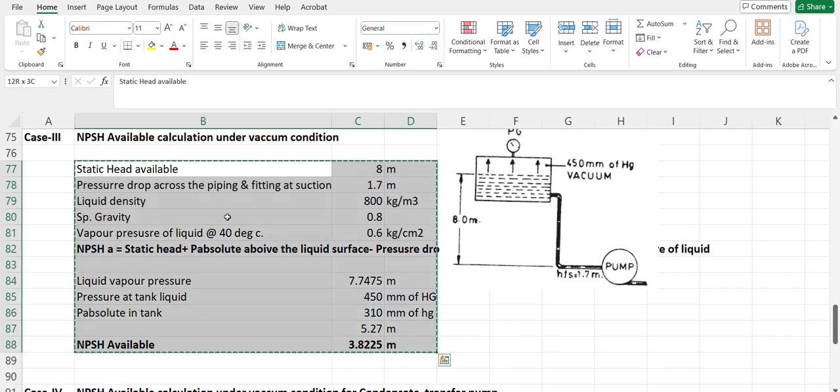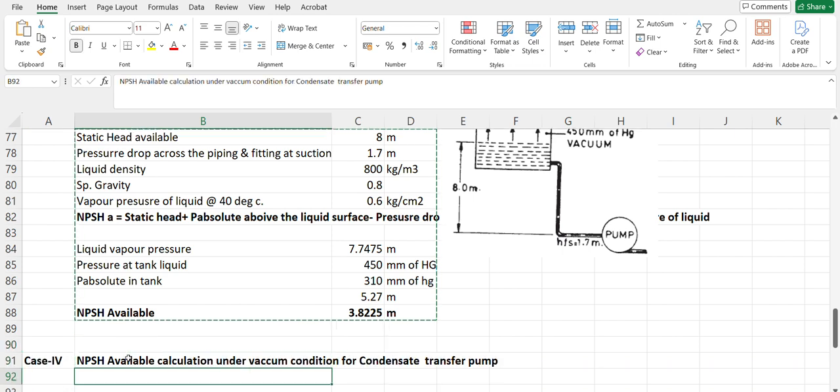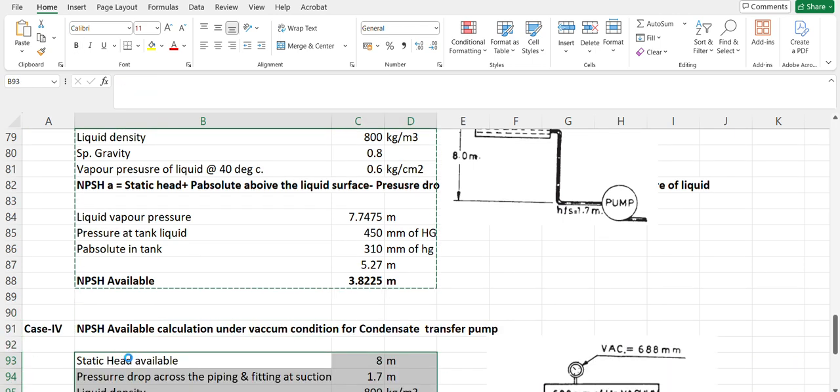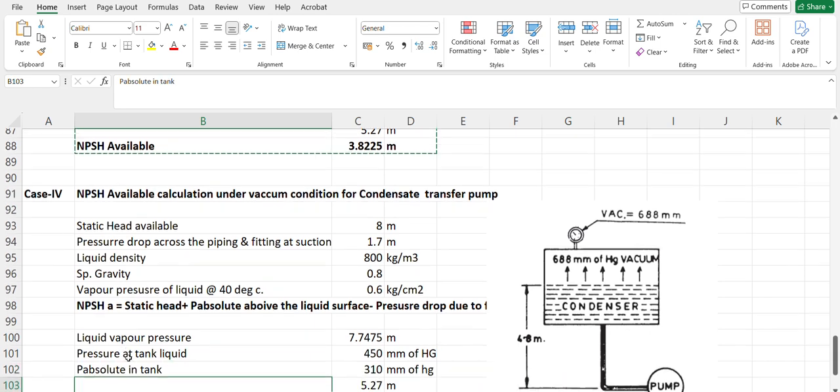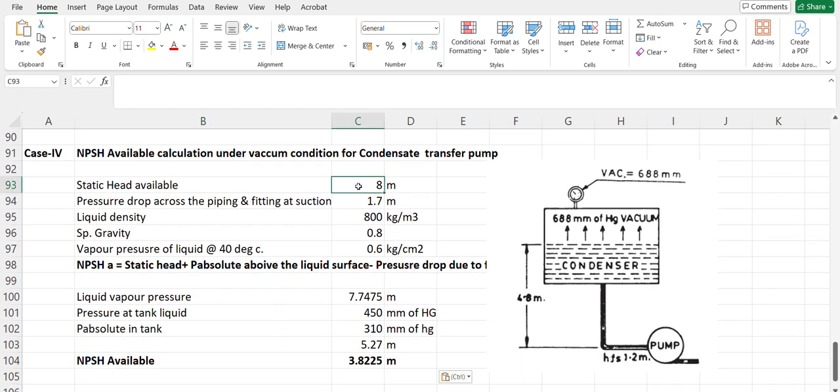Okay, I just copy paste here so that it will reduce the time. So we just simply change the values: static head available is 4.8 meters. Then delta P across the piping is 1.2 meters.